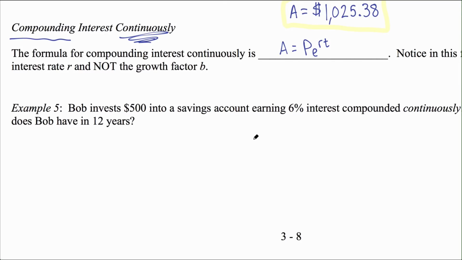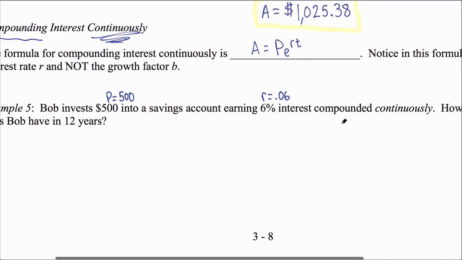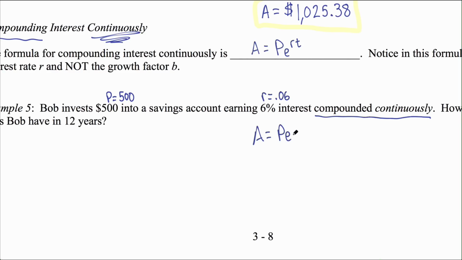All right, so let's look at an example. In example number 5, we've got Bob who invests $500 into a savings account earning 6% interest, compounded continuously. So here's that phrase that points us in the direction of the formula that we want to use.